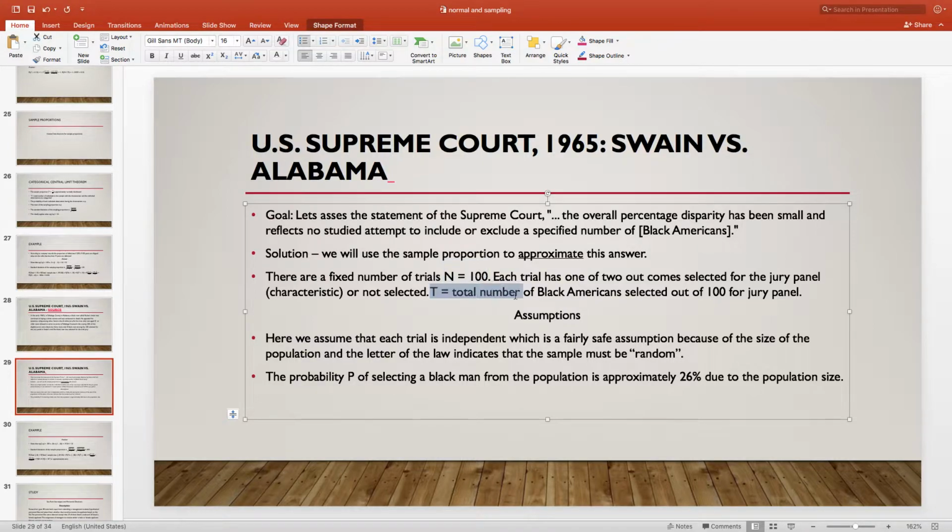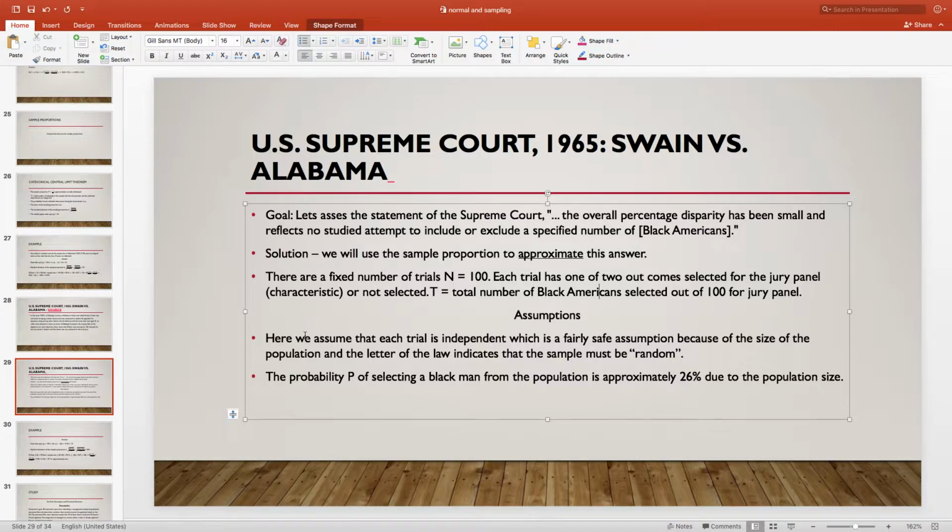So T is going to be the total number of black Americans selected out of 100 for the jury panel. And here we're going to assume that each trial is independent. This should be a safe assumption because the law indicates that the sample must be random. And if it's random, one person's outcome should not be affected much by another individual's.